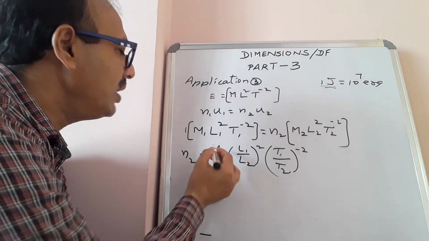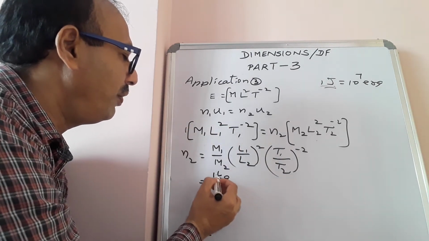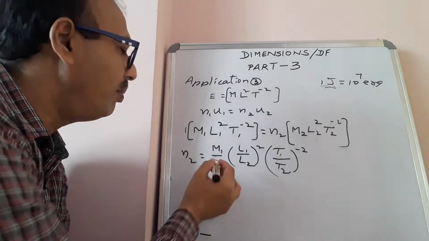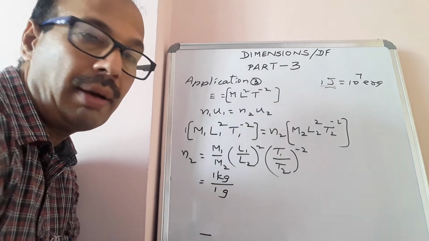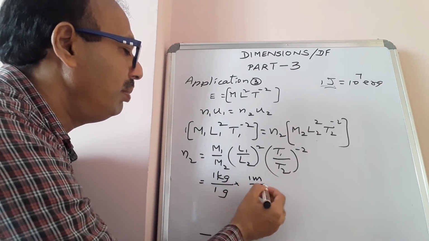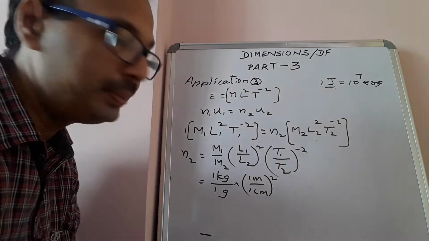Now this is m1, that is unit of mass in SI system is 1 kg and unit of mass in CGS system is 1 gram. Similarly, length 1 meter by 1 centimeter whole power 2.